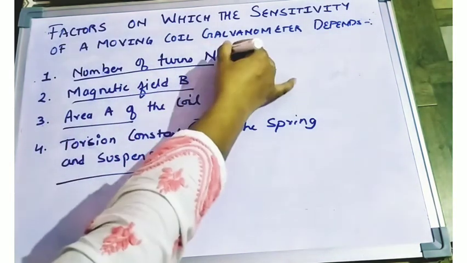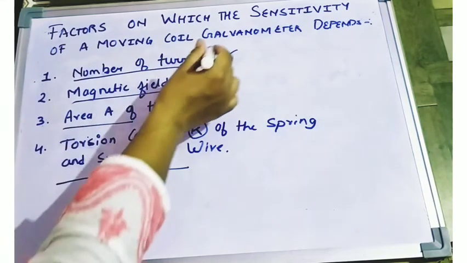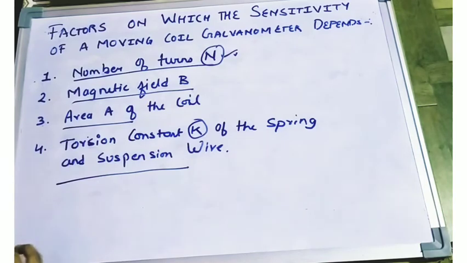If we increase the number of turns of the coil, the current sensitivity increases, but only up to a certain limit.